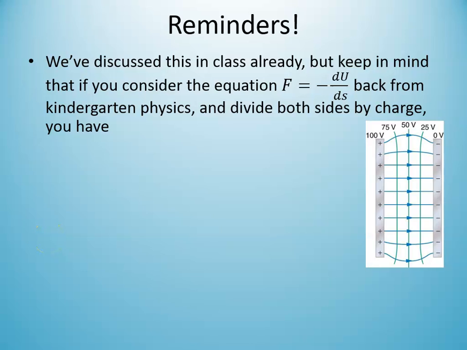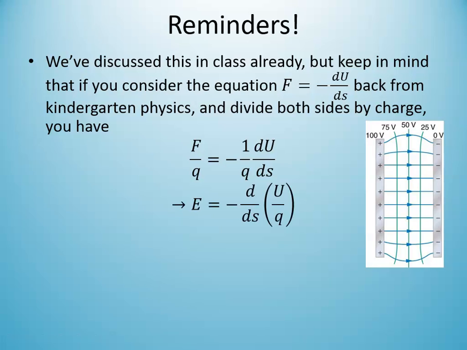So another way of looking at this with conducting plates, say you're going from 100 volts here to 0 volts. Well, the 100 volts is where you have the positive plate, the 0 volts is where you have the negative plate. So your electric potential is decreasing along the path in which the electric field is pointed. So the electric field points in the direction of decreasing electric potential.